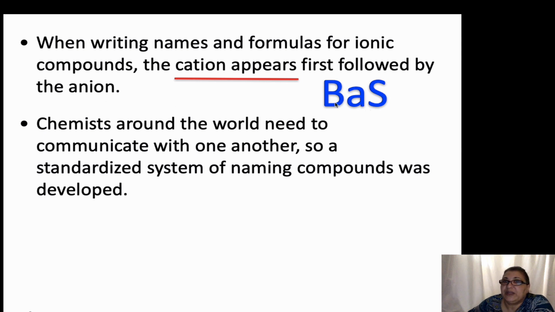So this one would be barium sulfide, and barium is always the positive, sulfur is a negative. Scientists have a system in naming compounds. They always know that the metal goes first, the nonmetal is second. Positive first, negative second.